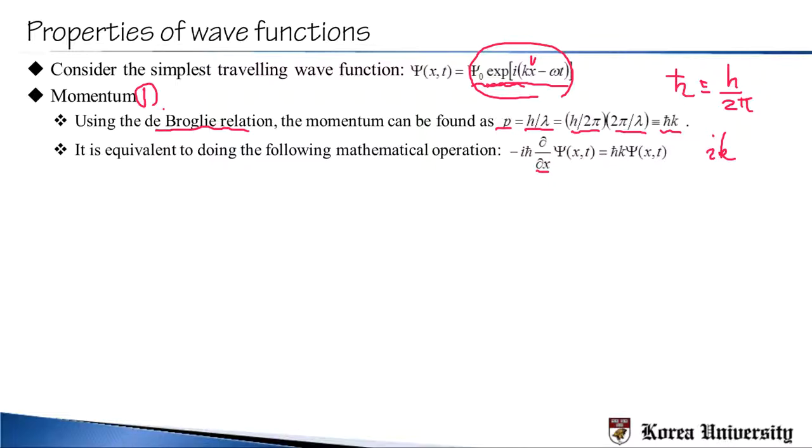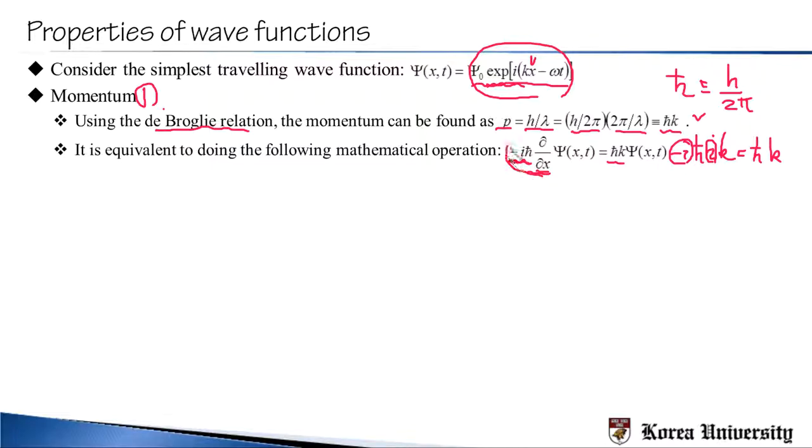And then suppose you have this minus i h bar. Minus i multiplied by i just becomes 1. So this becomes h bar k, which is actually the momentum, right? So if you take the partial derivative in position and multiply by minus i h bar, then the momentum comes out in front of the wave function.